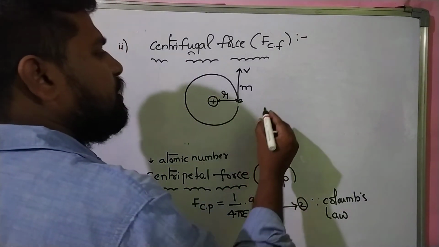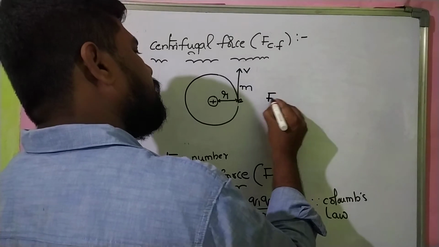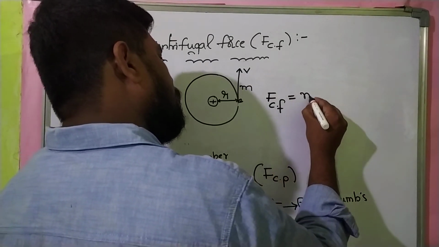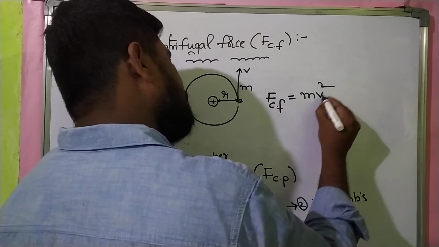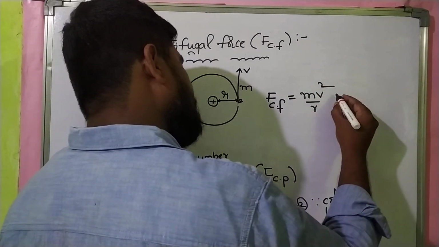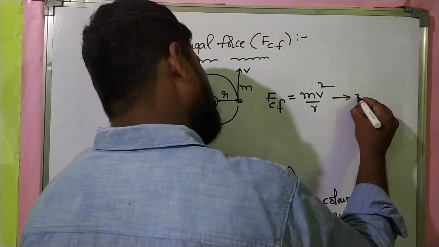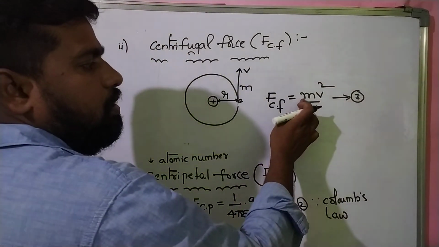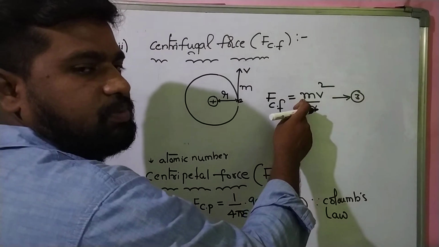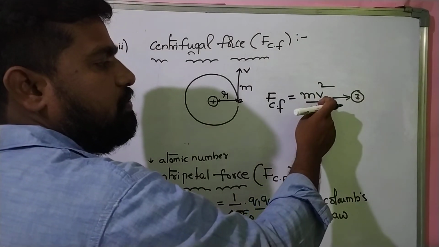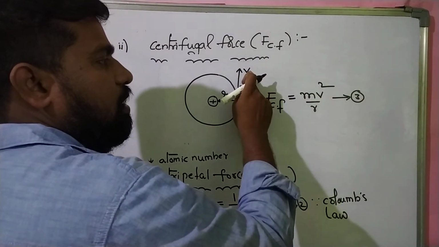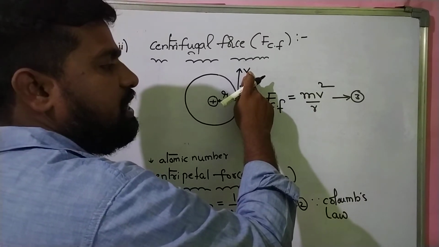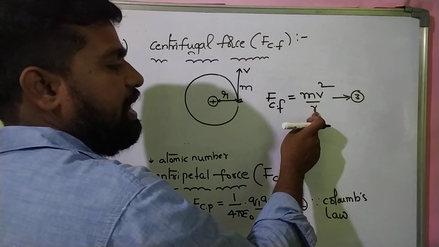Now the centrifugal force equals mv square by r. So this is equation number 3. m is nothing but mass of the electron. v equals linear velocity of the electron or tangential velocity of the electron. r is the radius.